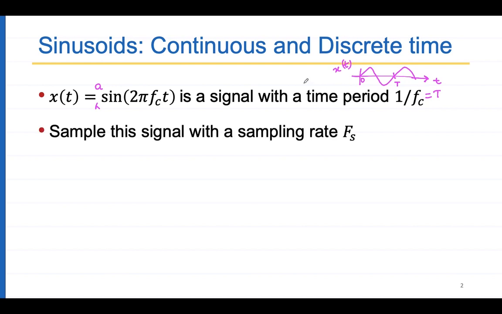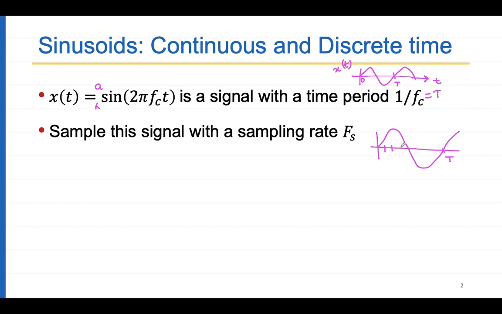Okay, now let's go to the discrete time sinusoids. If I sample this signal with a sampling rate fs, what will it become? So basically it means that I have this sinusoid, this is capital T, and I'm sampling this with fs. So my sampling time Ts is 1 upon fs, right?